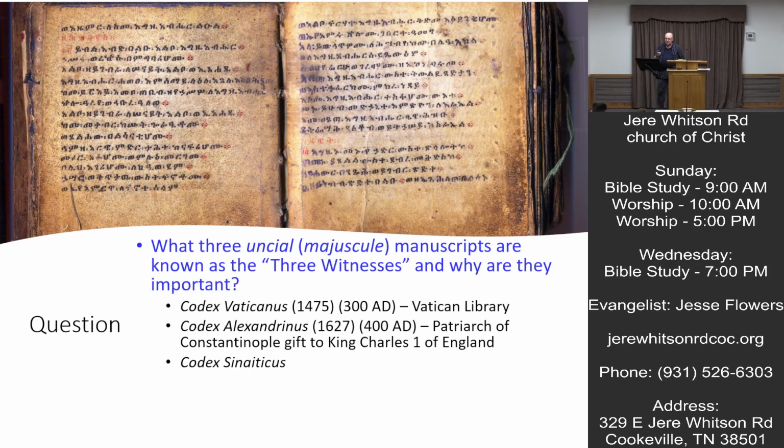Now, one of the things that's interesting about these three, and they're called the three witnesses, is that they have so much in common. There's so much consistency with these three, and they're so old.